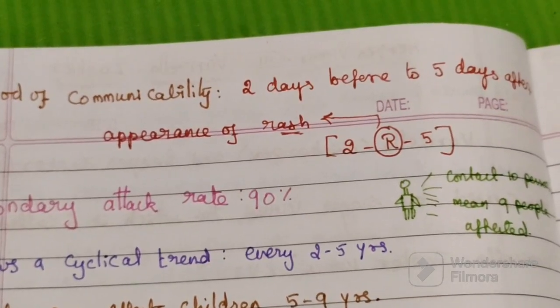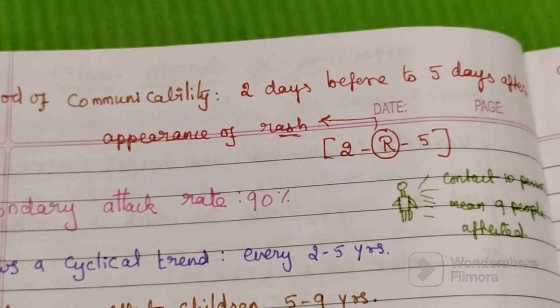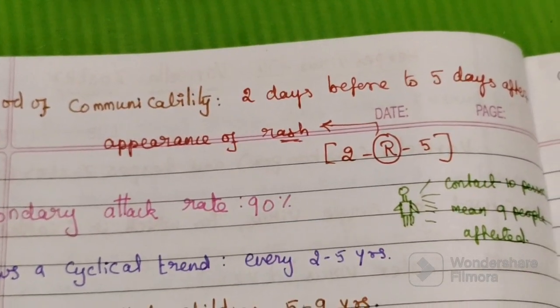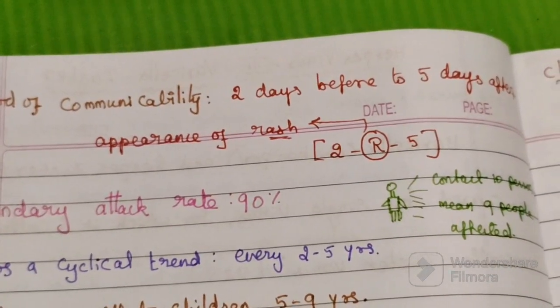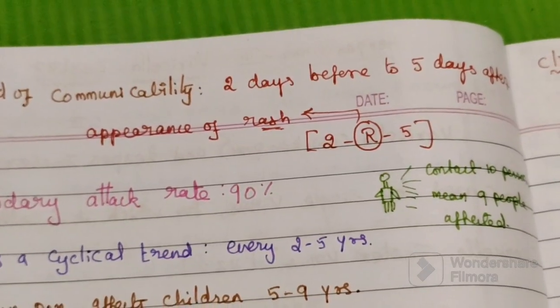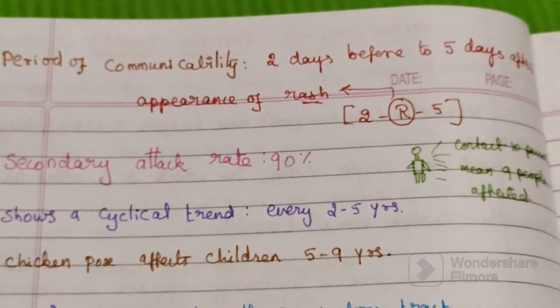These are the days the person is infecting others. So these are the days the person needs isolation. 2 days before rash, and the next 5 days we want to isolate the person, otherwise it easily spreads to others.